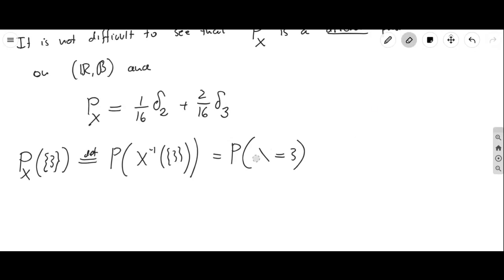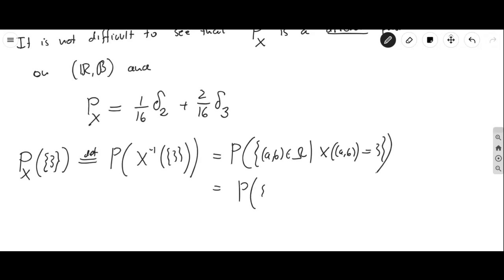If you still do not like that, you can write it out more carefully. This is the set of points in the sample space so that X applied to that point is equal to exactly 3. And the set of such points would just be 1, 2 and 2, 1. And when you add that up, that would be 2 over 16.